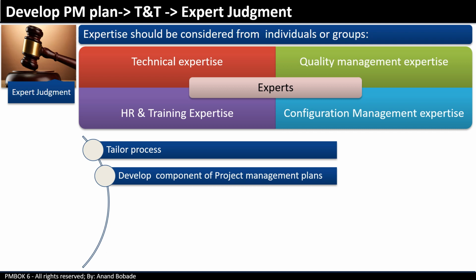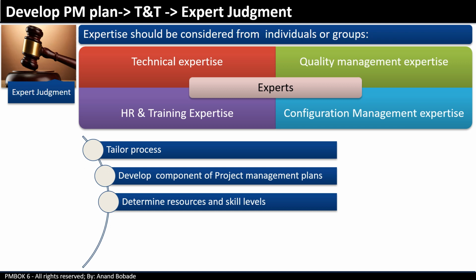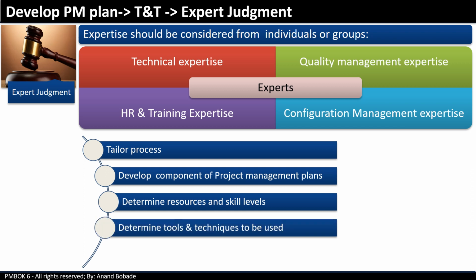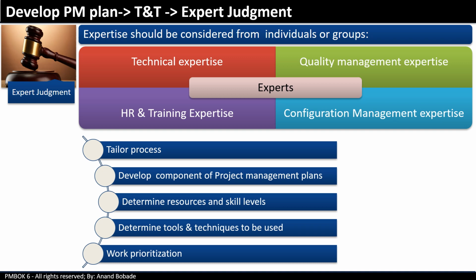As we saw previously, the business analyst has created the scope management plan and the technical lead has created the schedule management plan. It also helps you to determine resources and skill level, determine tools and techniques to be used, and prioritization of work.